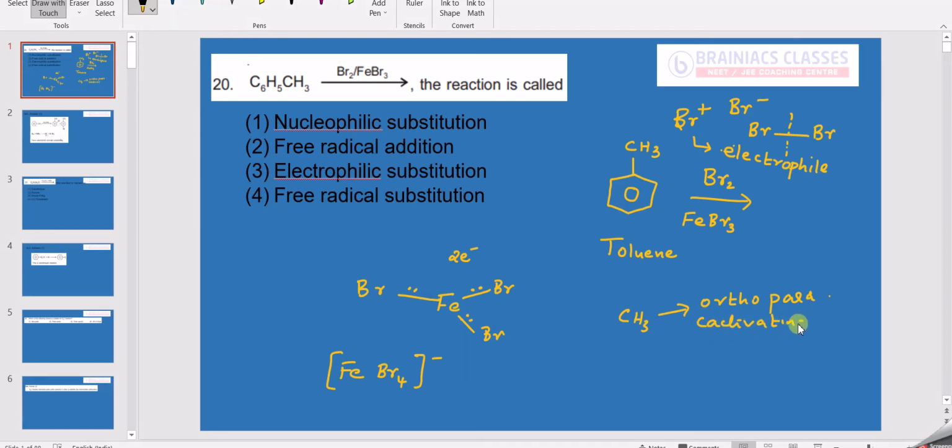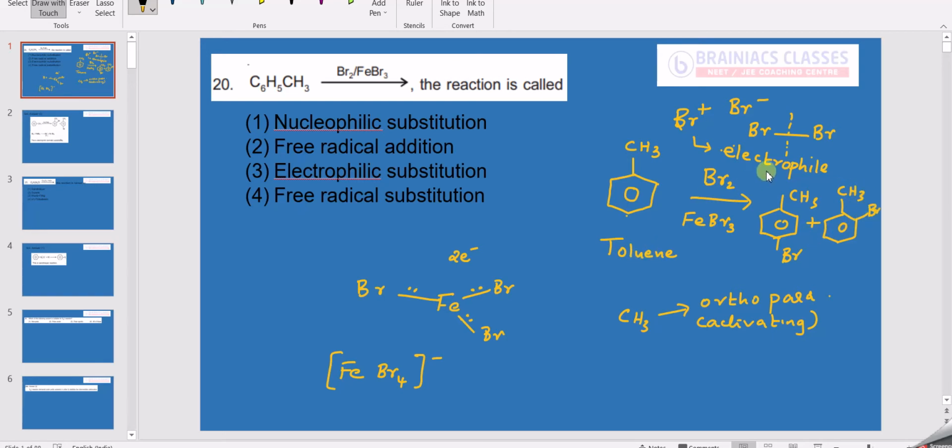So what will happen here? The bromine will attack at the ortho and para positions, and you will get para bromotoluene and ortho bromotoluene.